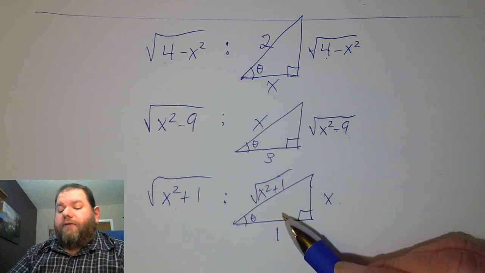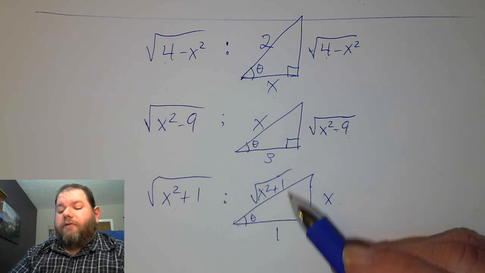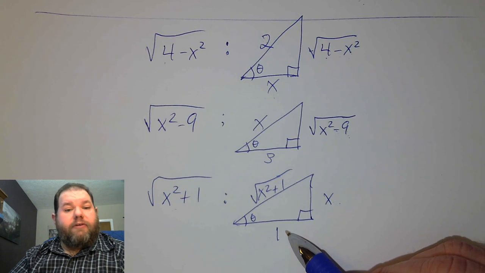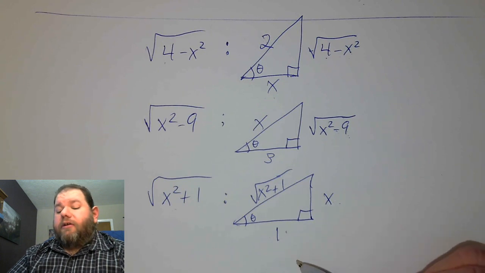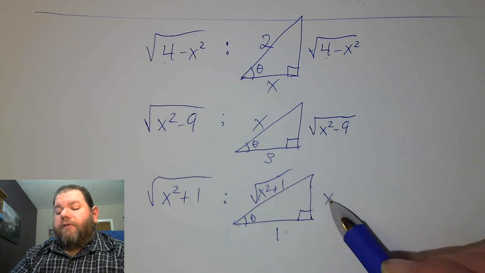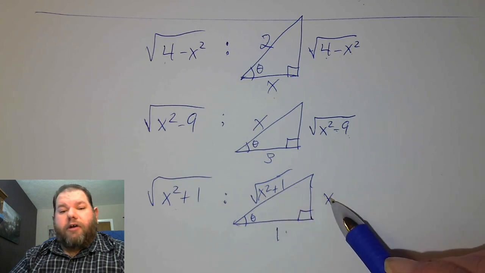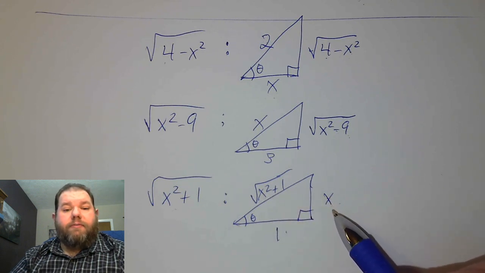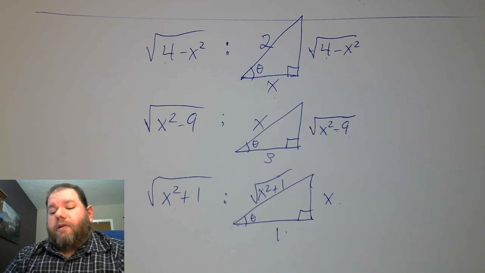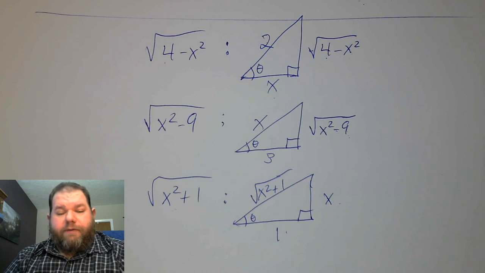Well, what if we have something like this where it's hypotenuse over adjacent? Well, that's secant. If these two sides are switched, it'd be hypotenuse over opposite, which is cosecant. Okay. So we have to be careful.